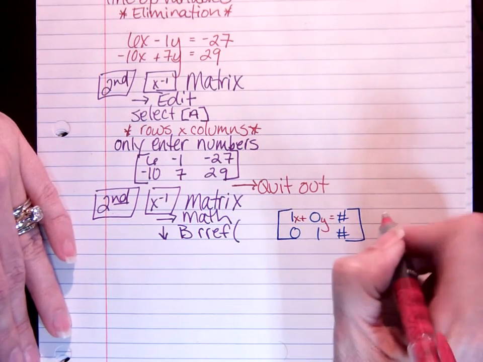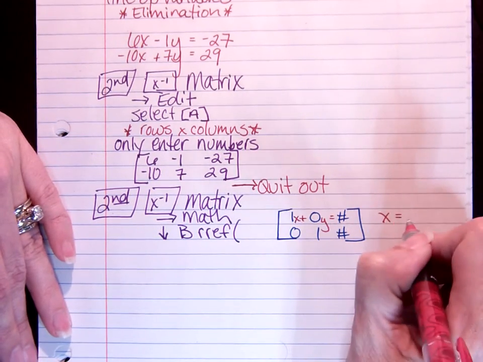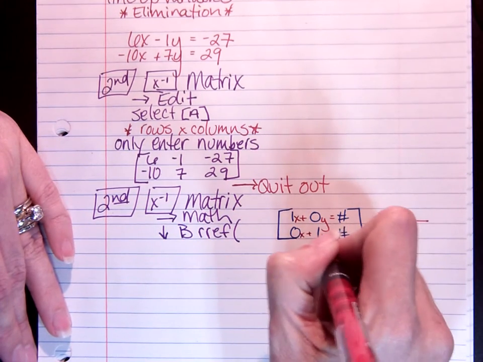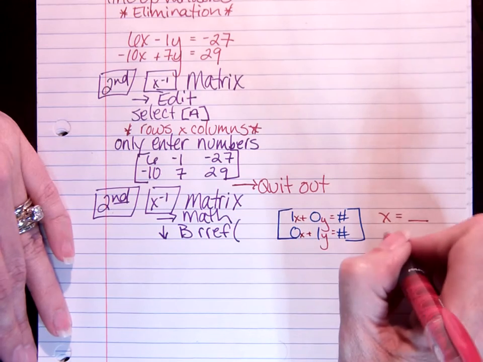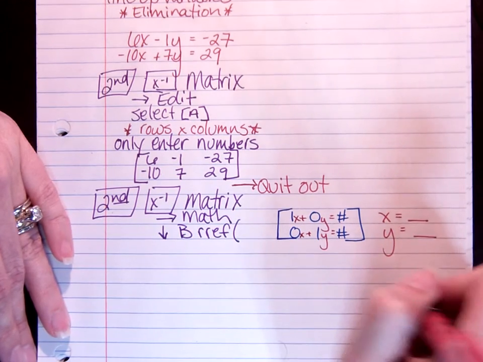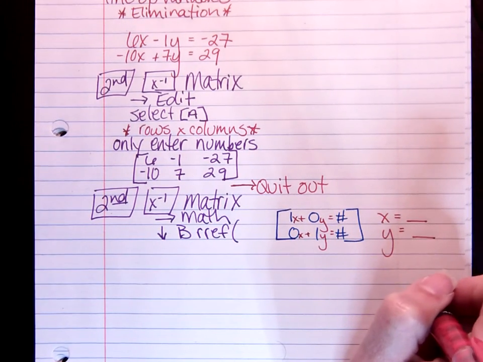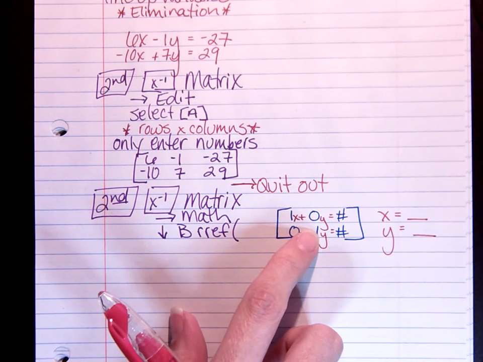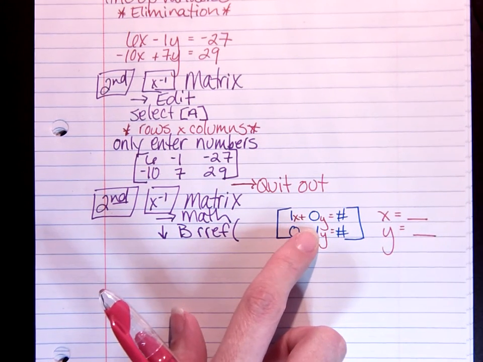So literally x equals whatever the number is, and 0x plus 1y equals, or y equals whatever the number is. And you're always looking for these diagonal ones right here to tell you that it has successfully calculated what values go in there.